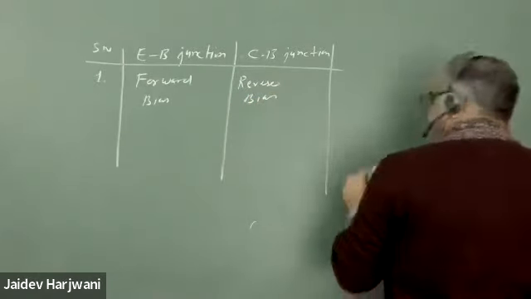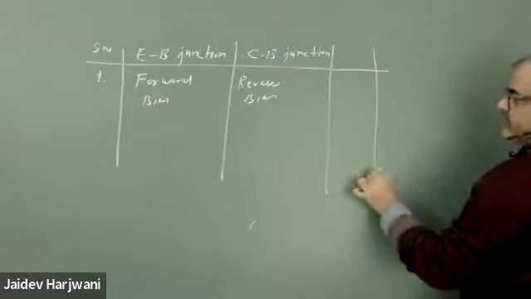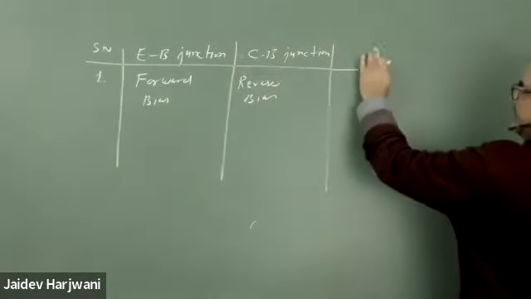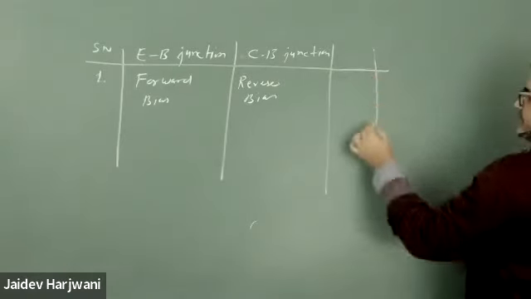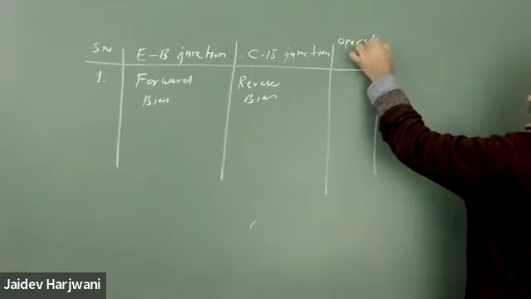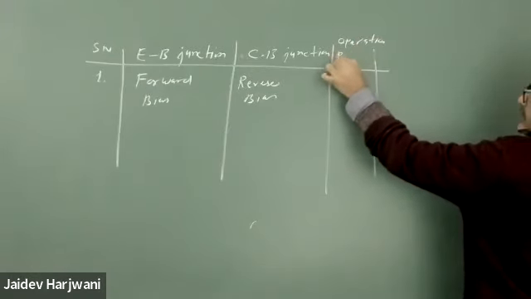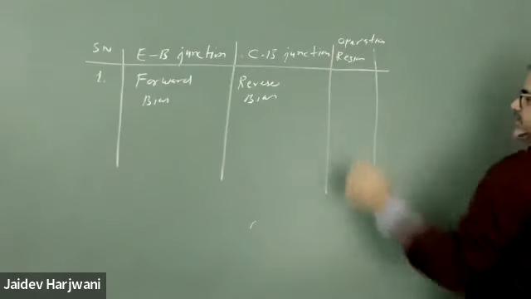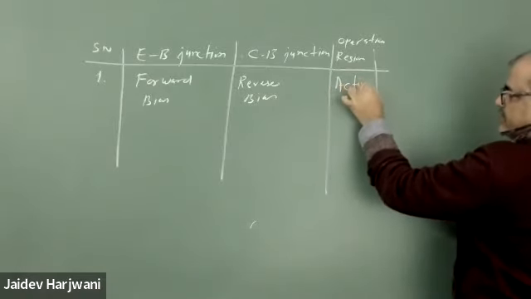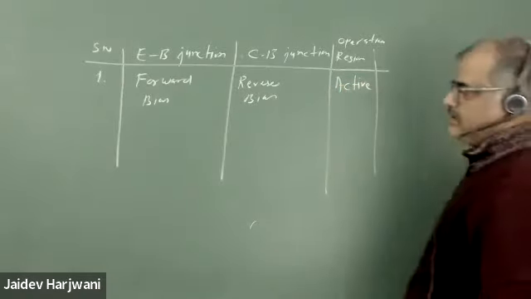When the EB junction is forward bias and the CB junction is reverse bias, then the operation region is called the active region.